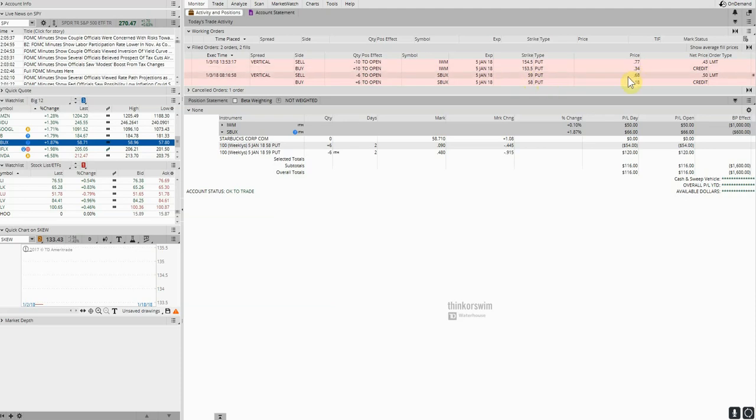We sold those at 0.68, and we bought the 5th of January 2018 58 puts at 0.18. So we got a credit here and a debit there of 0.5.